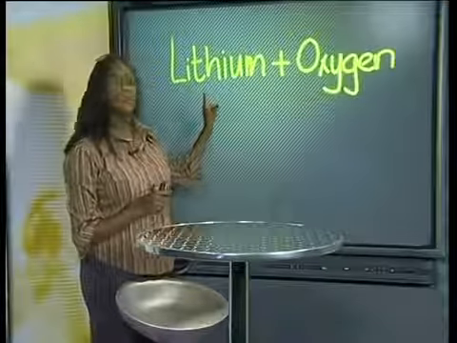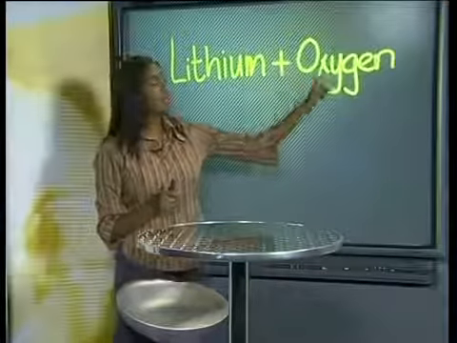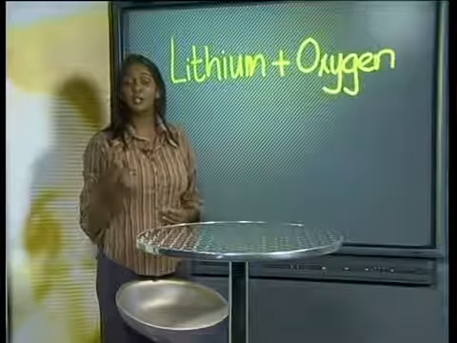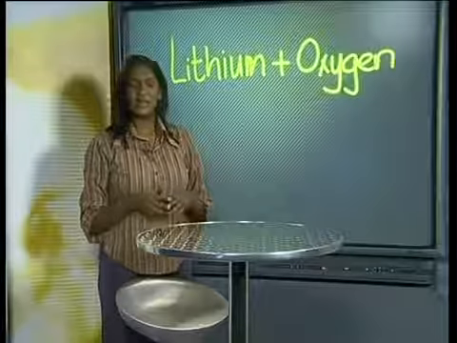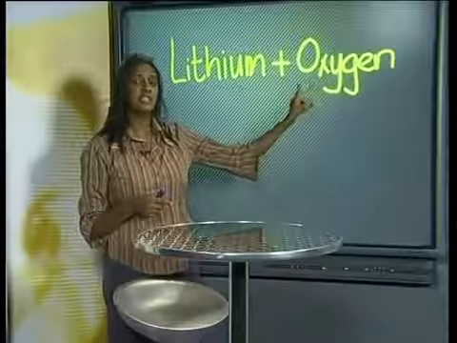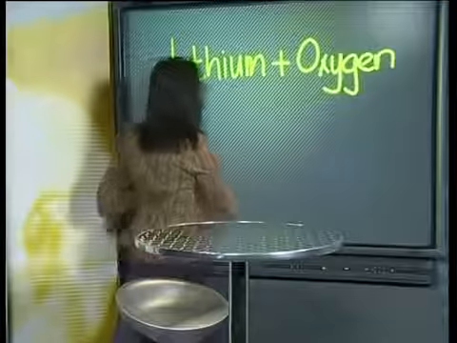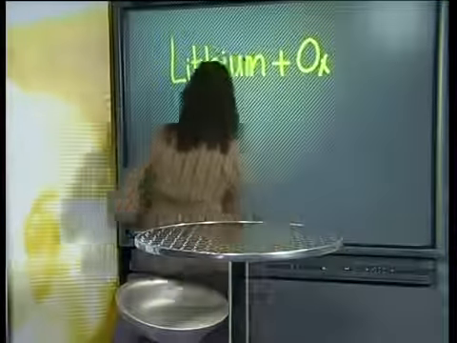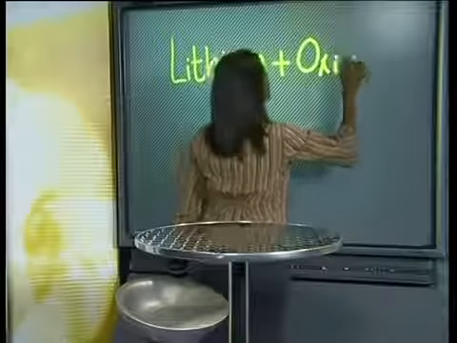The metal name is written first and the non-metal name second. Lithium and oxygen are the only two elements in this compound, so the name of the second element is changed slightly from oxygen to oxide.